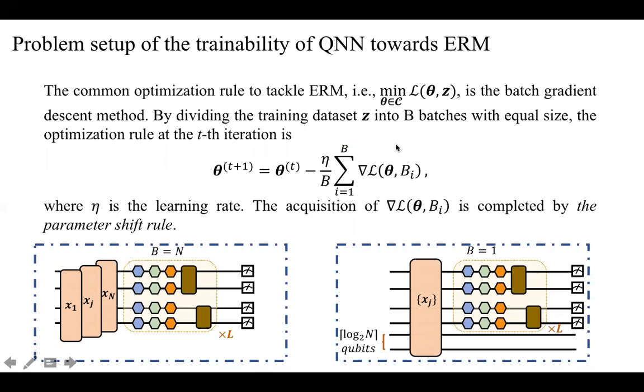It is a sum average of the gradients of the B batches times the learning rate η_t. Specifically, the gradient of the objective function with respect to the batch B_i is computed by the parameter shift rule.